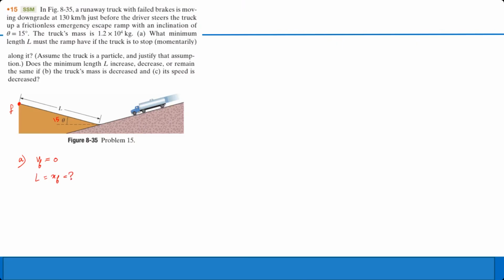We're given the speed of the truck just before the driver steers the truck up the incline. So actually we have the speed, which is here. I'll name this point I, and VI is 130 kilometers per hour. One hint I want to give you: whenever you are given a speed and asked for a position, speed and position are always linked through energy study.